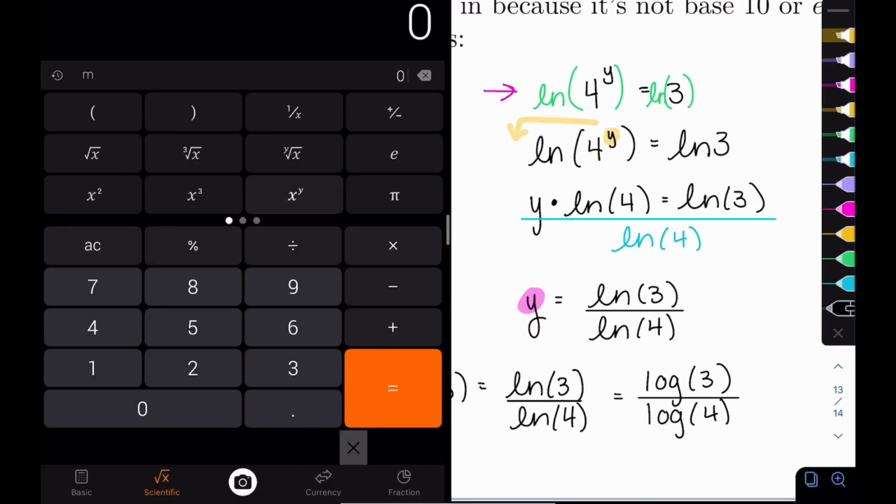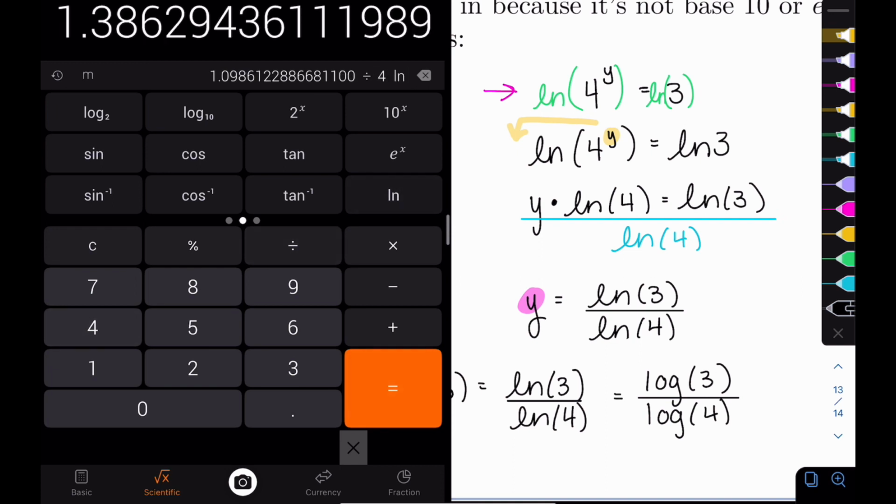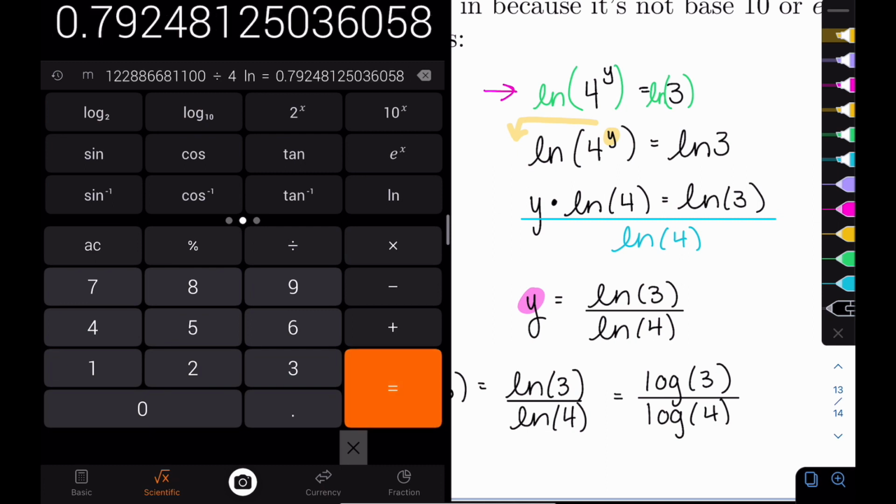So we can actually plug these into our calculator. So I'll try with ln of 3 over ln of 4. So we do 3 natural log, and then we're going to divide that by 4 natural log. And this gives us about 0.7925.